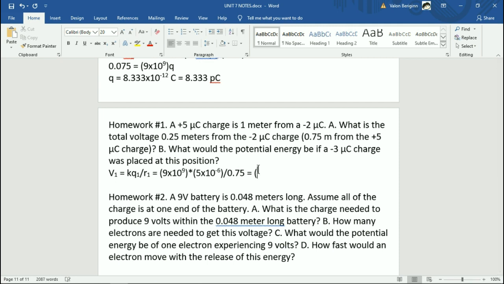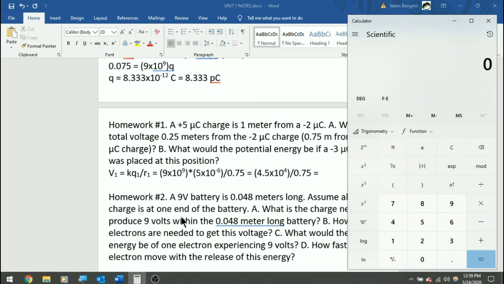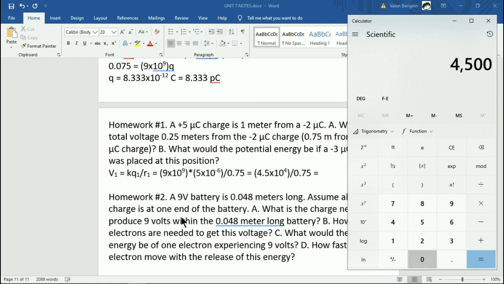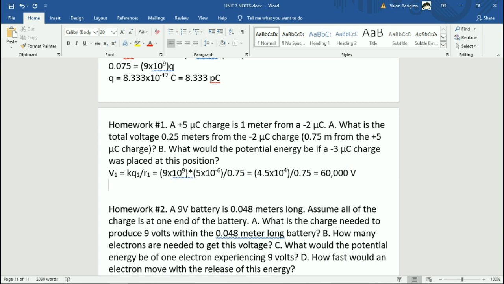So numerator becomes 45 times 10 to the 3, which in other words is just 4.5 times 10 to the 4, divided by 0.75, which is, I assume 60? Yeah, 60,000. 60,000 volts.